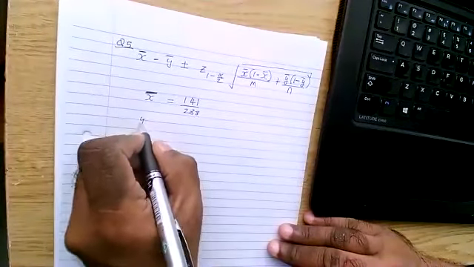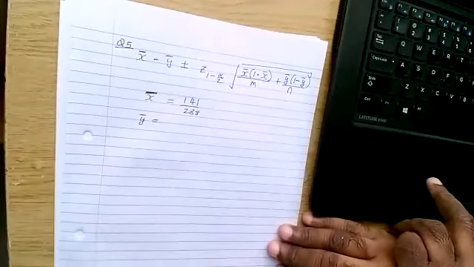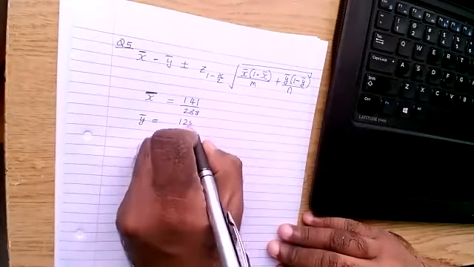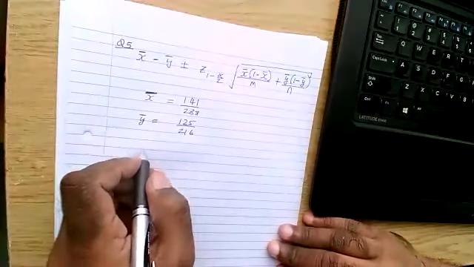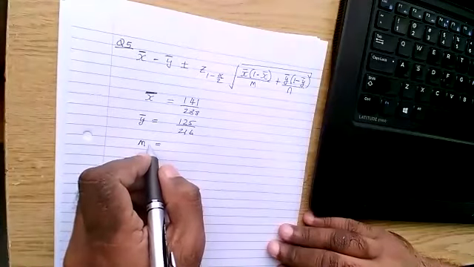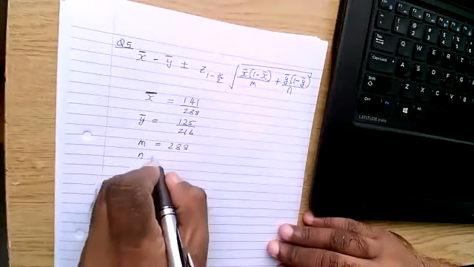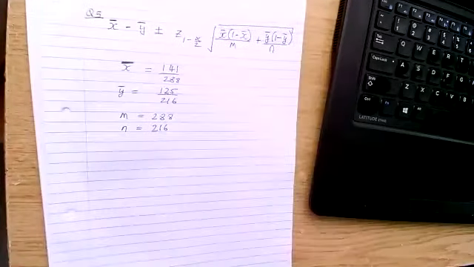And Y bar is the proportion of people who voted in Colorado, right? Which is given in the question as 125 divided by 216. And the question also gives you the value for M. M is the sample size from the first population, and N is the sample size from the second population. So these are all given to us in the question, right?